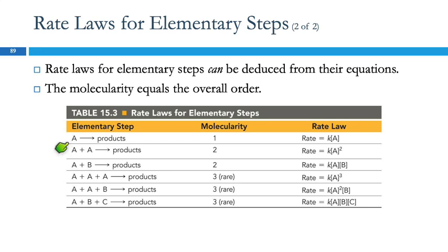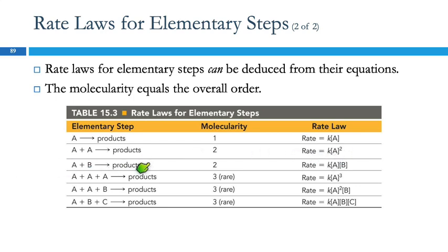So if we have one substance, a molecularity of 1, the rate law is going to be first order because there's one of these. Here we have a bimolecular reaction or elementary step. So we've got two A's colliding, and so this is going to be a second order rate law, A squared.